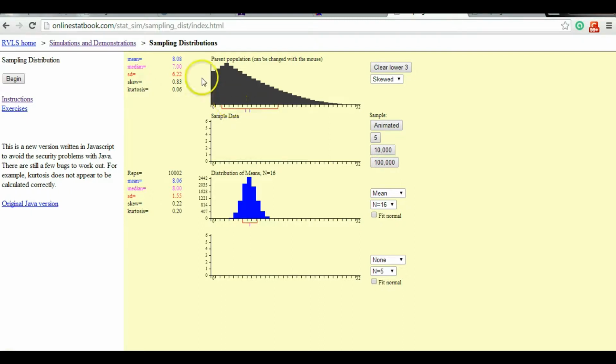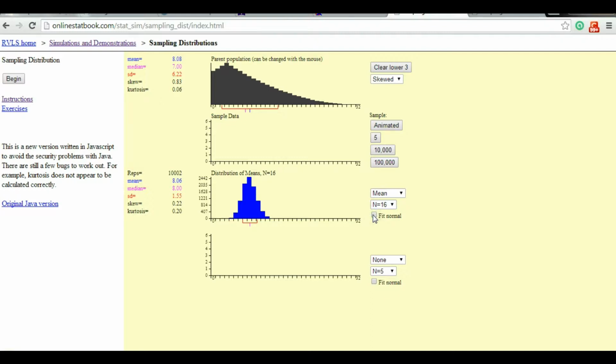Well, no surprise, the mean is a good approximation of the mean of the population. However, though our population distribution up here is skewed right, our sample distribution is pretty much unimodal and symmetric. If I fit a normal model to it, it's pretty close.